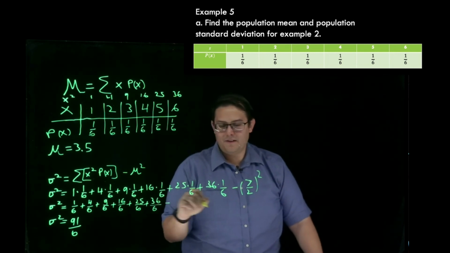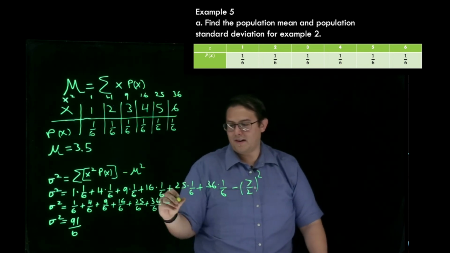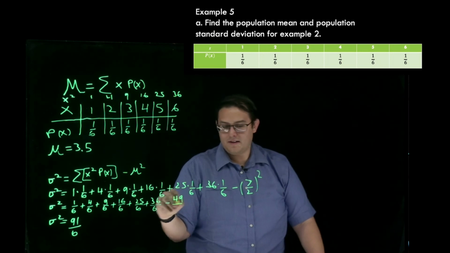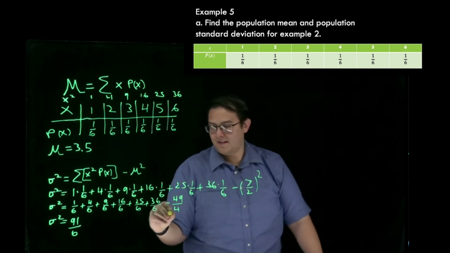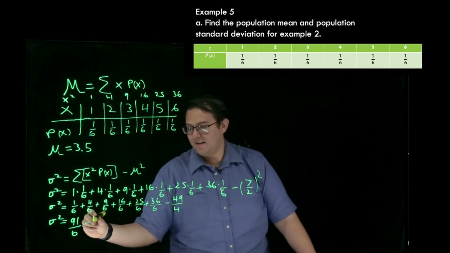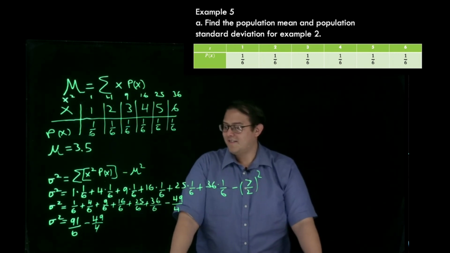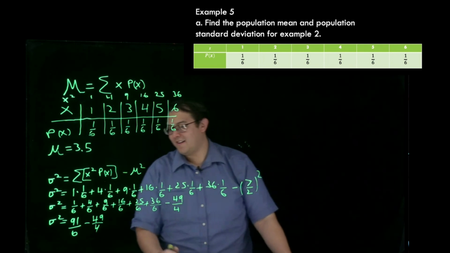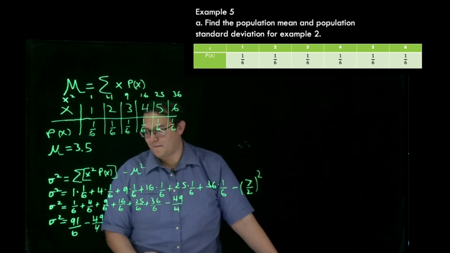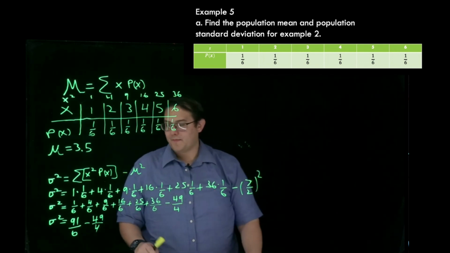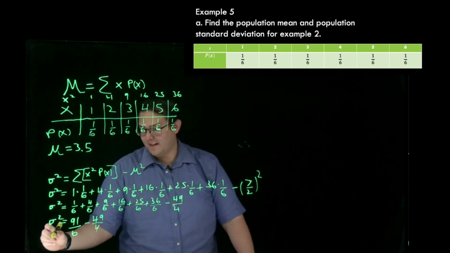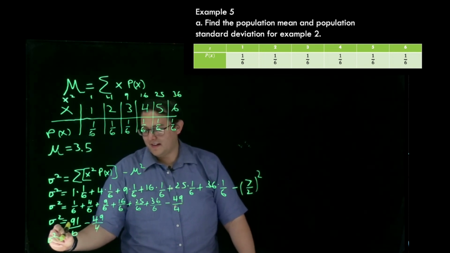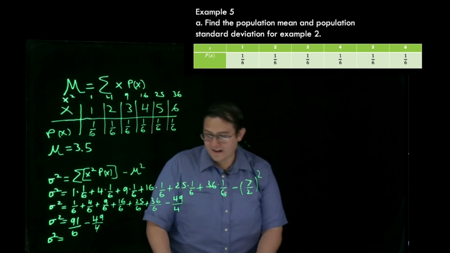If you square, 7 squared is 49, and 2 squared is 4. So here you also have to subtract off 49 out of 4. So yeah, we would use a calculator here to calculate this. Using a calculator, this turns out to be 35 out of 12.